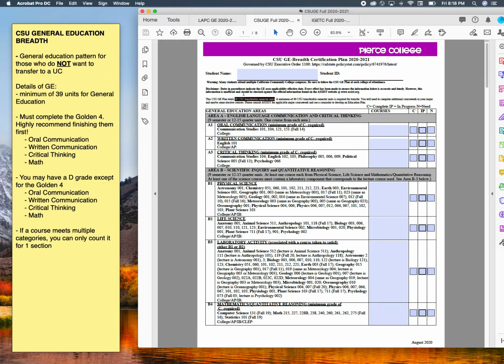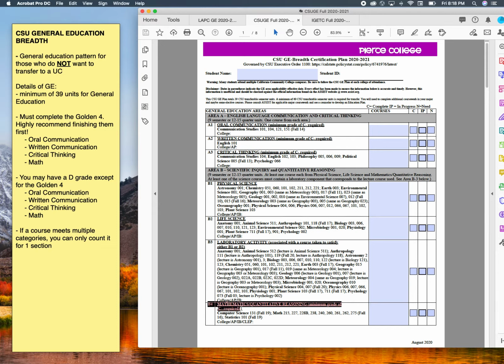What are the Golden Four? The Golden Four is oral communication, written communication, critical thinking, and math. In the general education pattern, it looks like this right here. It's the oral communication, written communication, critical thinking, and the math.